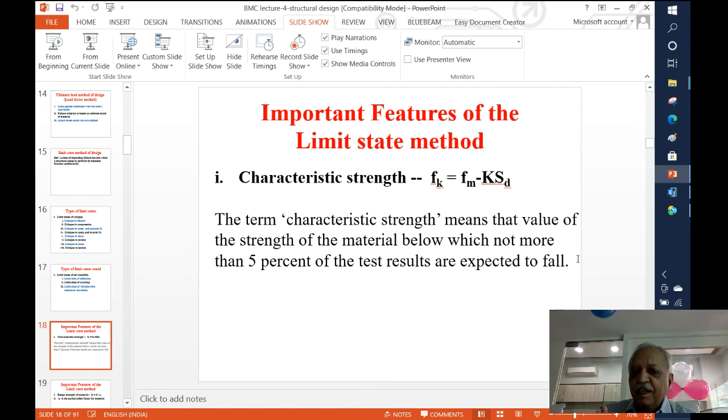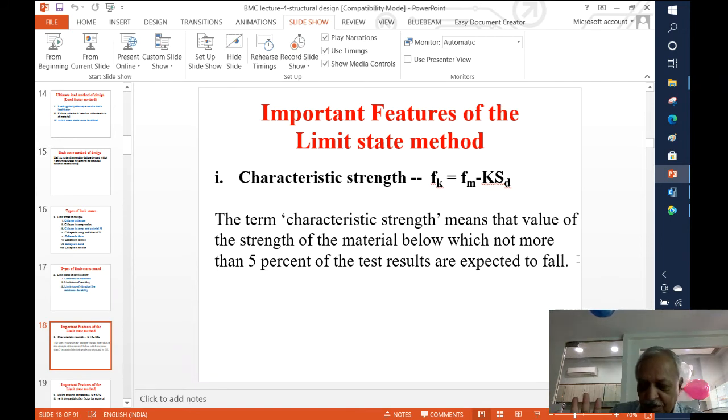So if you are getting some strength averaging of all those results, then we say that not more than 5% of the cubes are having strength less than that value. So you have tested, you have got the results, suppose 30 Newton per mm square is the average value, so that not more than 5% of the cubes you have tested have got below 30 as the value.